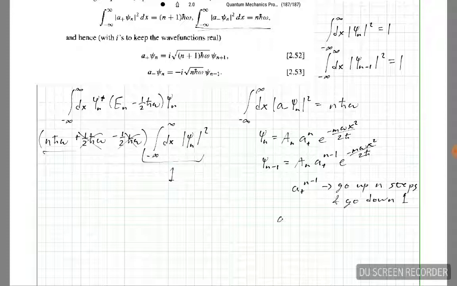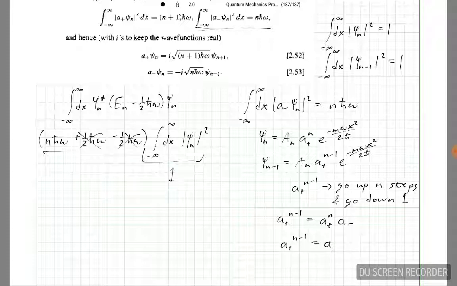That's the same as going up in steps and going down 1. That's the lowering operator. Our order isn't going to matter for that, so I can go ahead and write it this way.